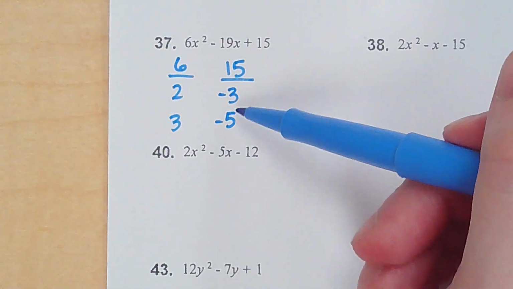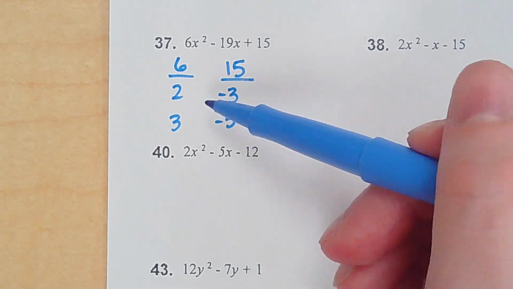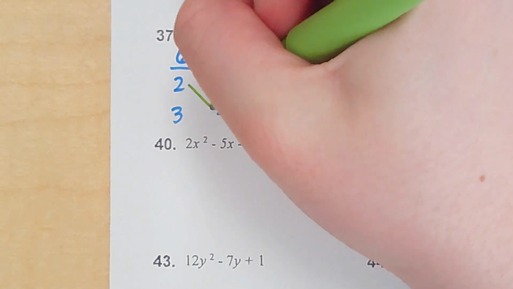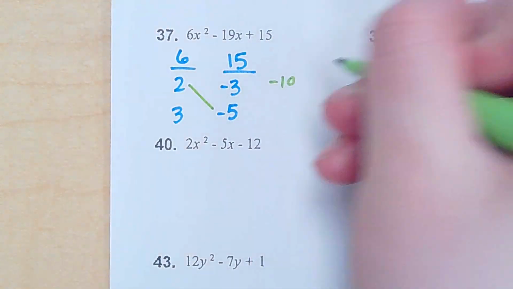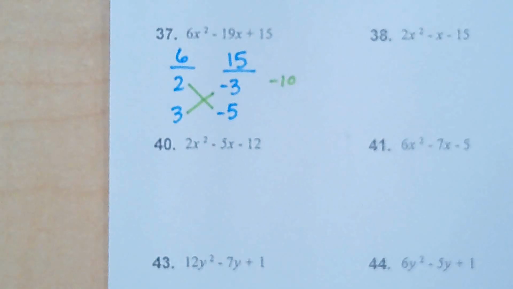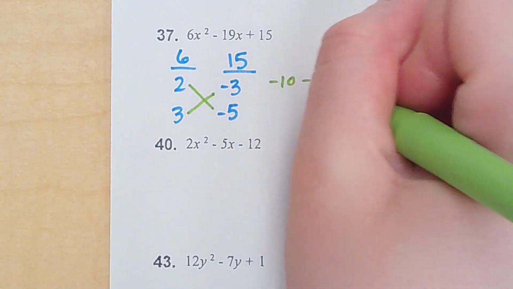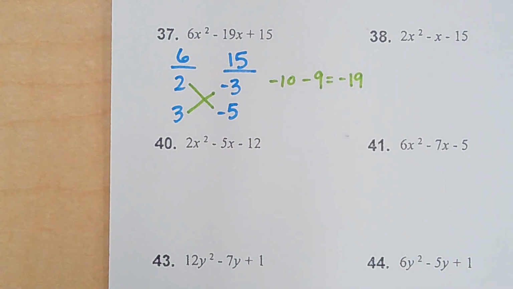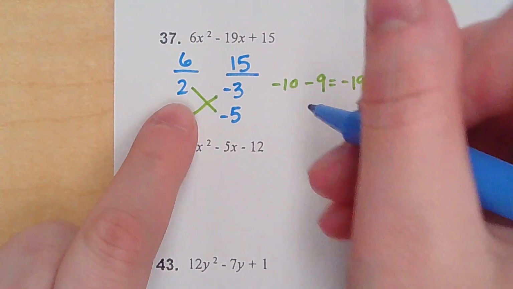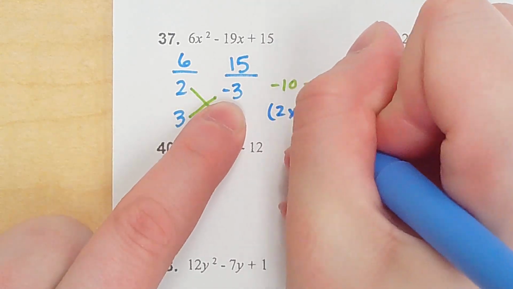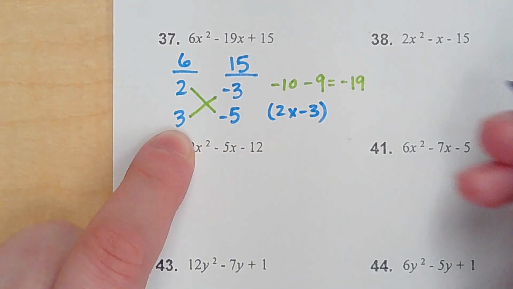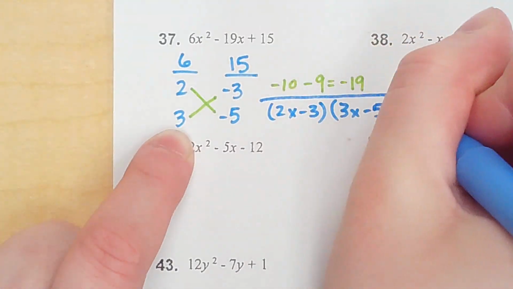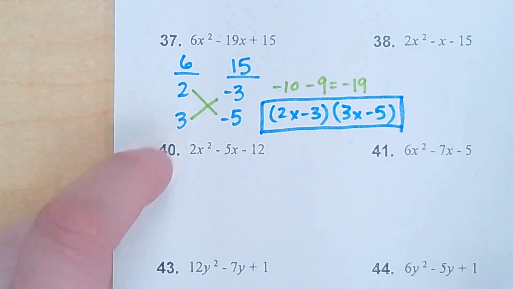Okay, if we multiplied them together, we get a positive 15. But when we check this, it's going to give us a negative. So 2 times negative 5 is negative 10. 3 times negative 3 is negative 9. That gives me a negative 19 in the middle. So my factors, top row would be 2x minus 3. Bottom row would be 3x minus 5. And that's your factored form.